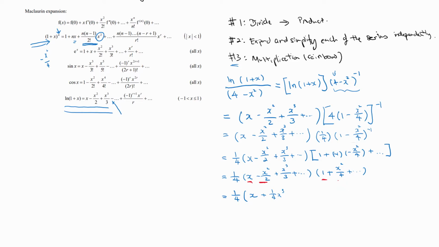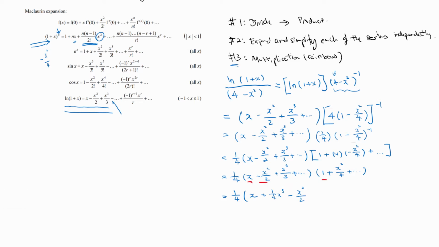So that leaves us with just minus x squared over 2 times 1. And that's it, we can stop there. I'm just going to undo this to remove some clutter.